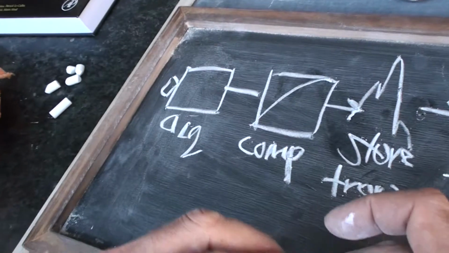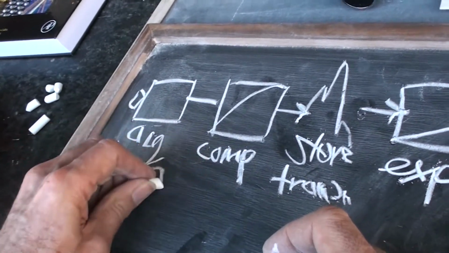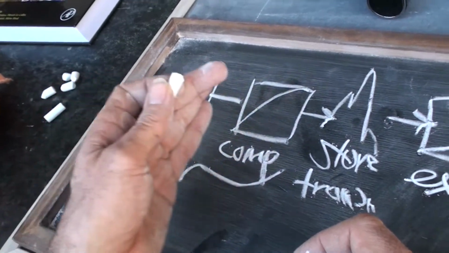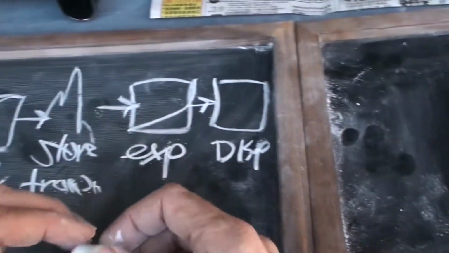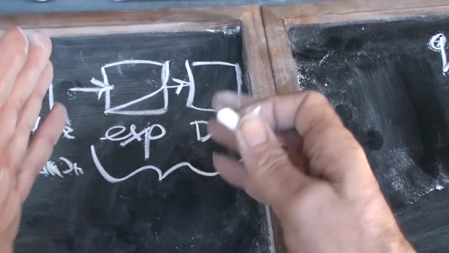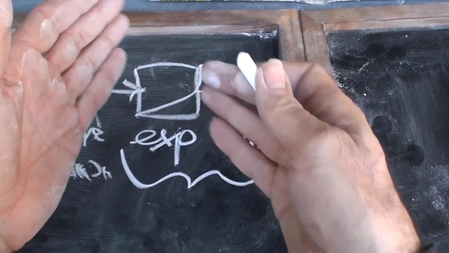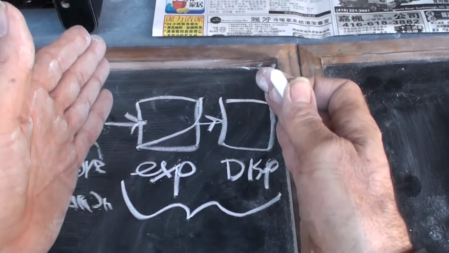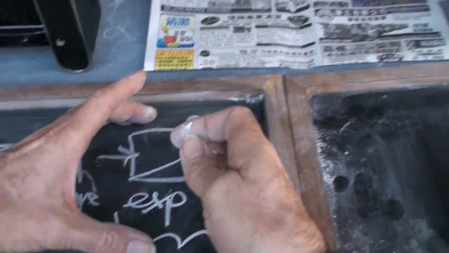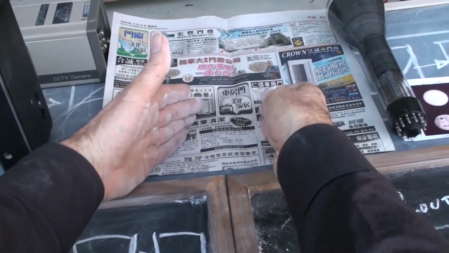But so we have, this is what a camera is. A camera as we know it is an image acquisition device followed by a dynamic range compressor. And this is a TV or a display or a newspaper or whatever you want, a display medium. This is expansion and display. This happened all accidentally because TV tubes inherently have an expansive response built into them, and newspapers inherently have it too.